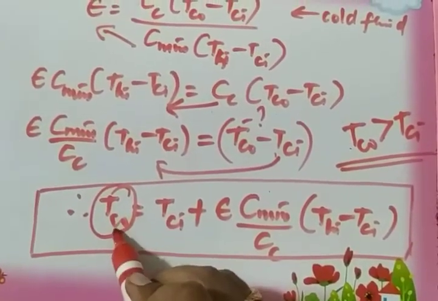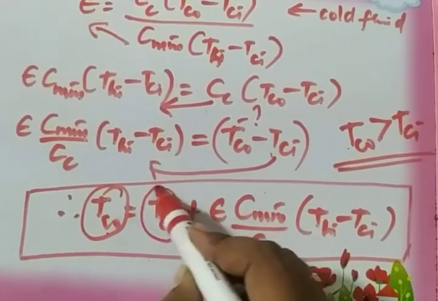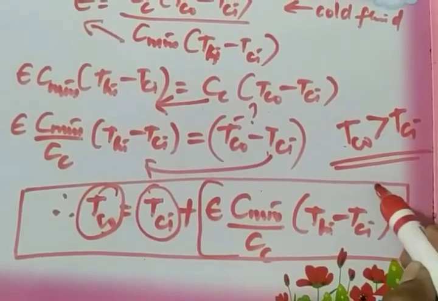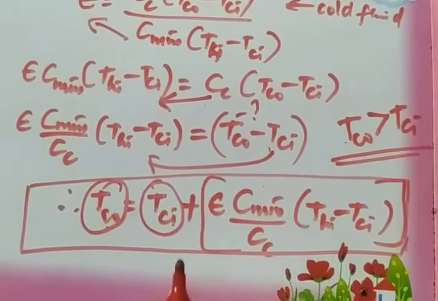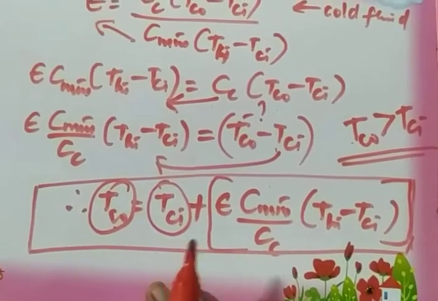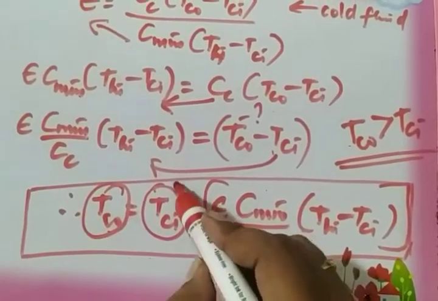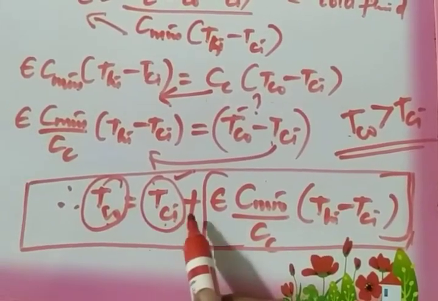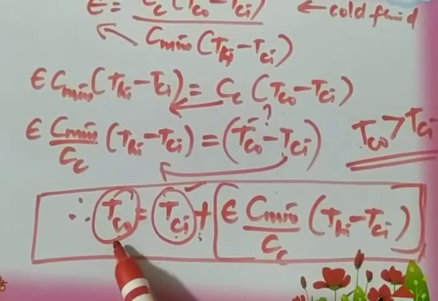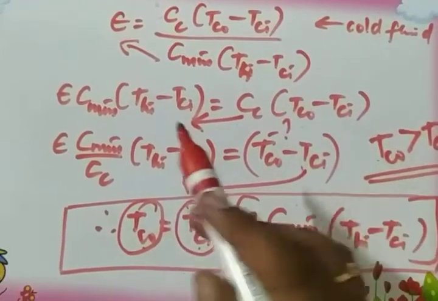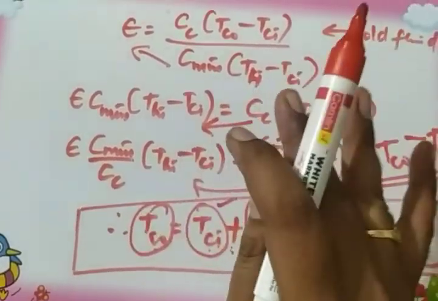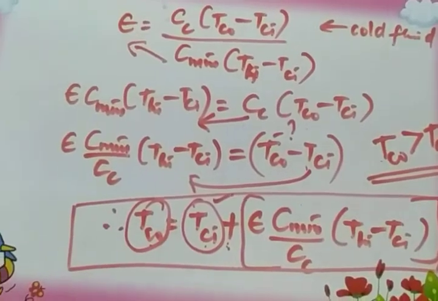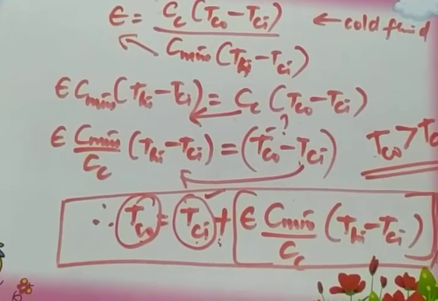Hence TCO is greater than TCI by this bracket. That's why it is plus. TCI plus something will give us TCO, whereas earlier for THO, it was THI minus something, because THO was less than THI.